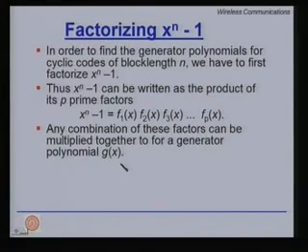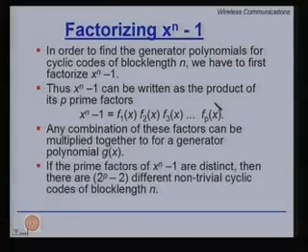We had done a previous example where we had taken pains to factorize this. The question is, can we directly write this factorization from the mathematical tools we have developed? If the prime factors of x raised to the n minus 1 are distinct, then there are 2 raised to the p minus 2 different non-trivial cyclic codes for block length n. This we have seen earlier.